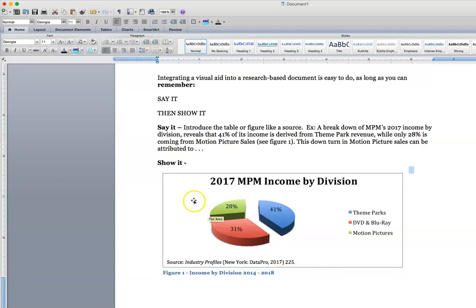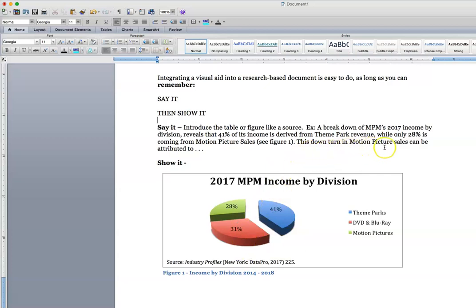So when we're introducing it, we could say, a breakdown of MPM's 2017 income by division reveals that 41% of its income is derived from theme park revenue, while only 28% is coming from motion picture sales. See figure 1. And here's figure 1.